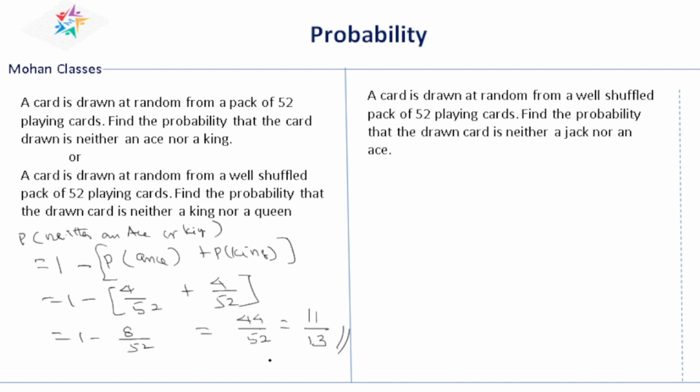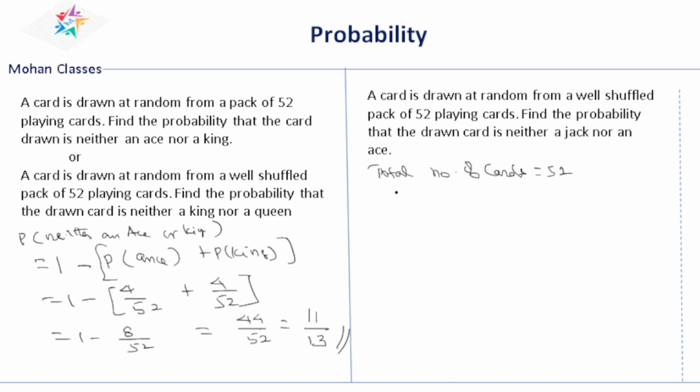Here, a card is drawn at random from a well-shuffled pack of 52 playing cards. Find the probability that the drawn card is neither a jack nor an ace. So here, what is the total number of cards? Here also total number of cards is equal to 52, right?